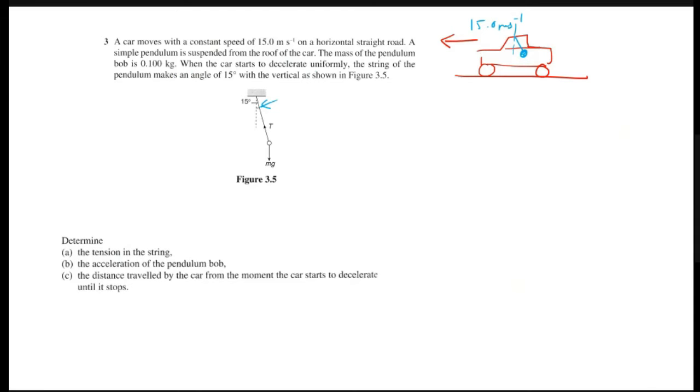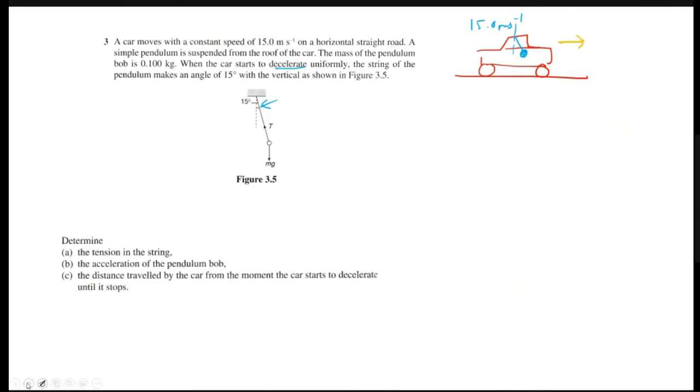When the car starts to decelerate uniformly, the string of the pendulum makes 15 degrees to the vertical, as shown in figure 3.5. Determine the tension of the string.